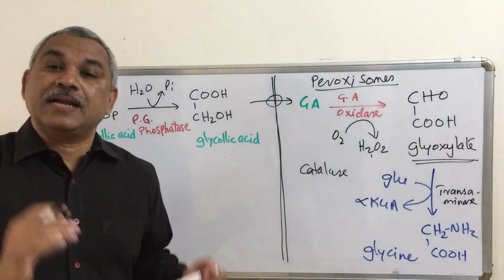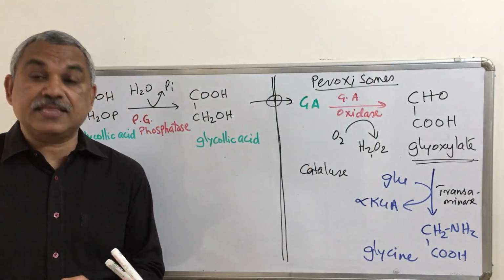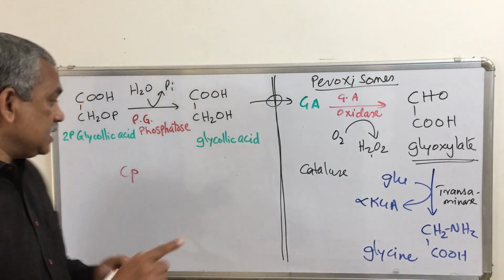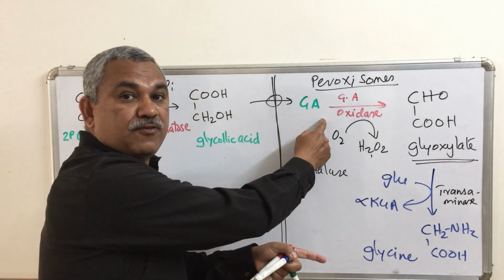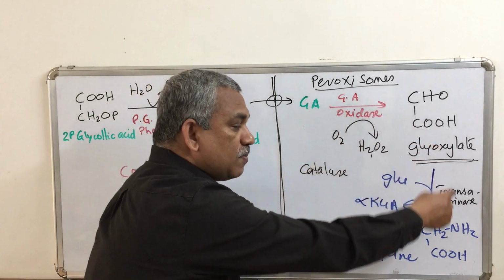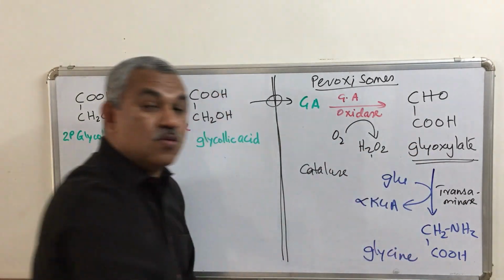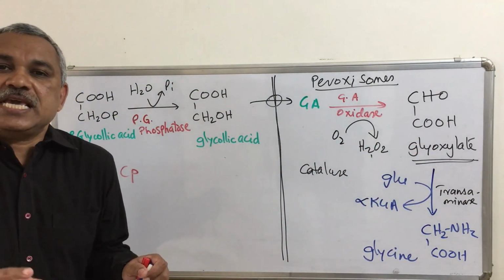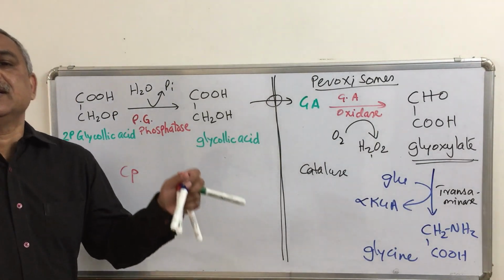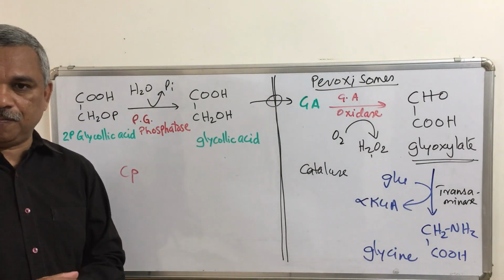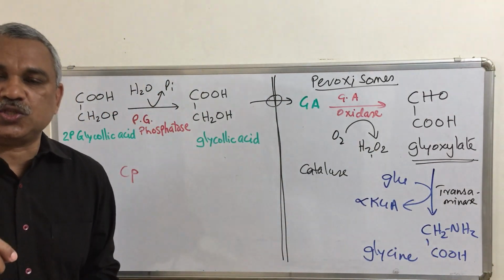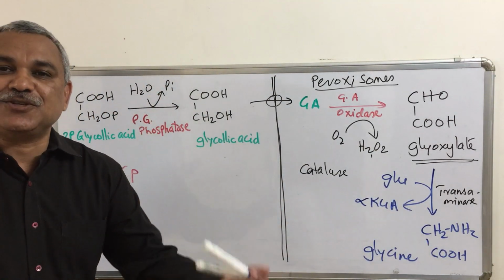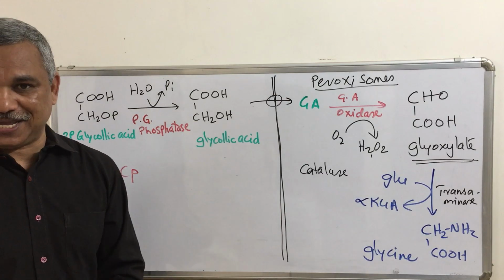So therefore, glycine is produced in the peroxisomes. Understand, we began with glycolic acid, and glycolic acid was transferred to the peroxisome, and the peroxisome converts glycolic acid into glycine. This is the first stage that happens in the peroxisome. Once this glycine is formed in the peroxisome, glycine is transferred to mitochondria.